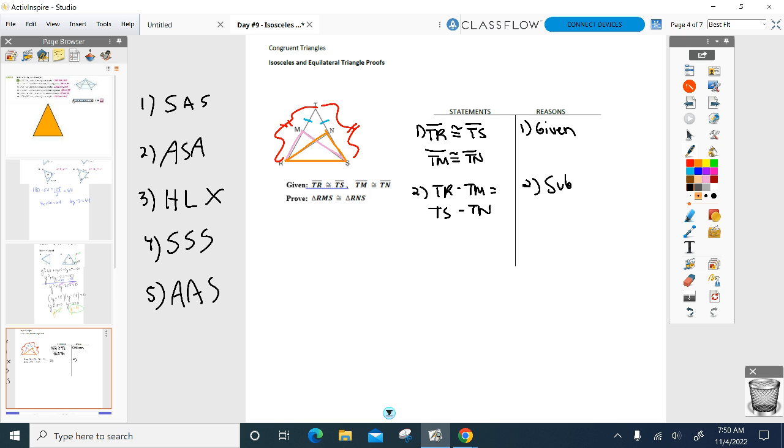Subtraction. And you guys know substitution coming up, to say MR is now congruent to NS. And now I can put an S next to that for a pair of sides.